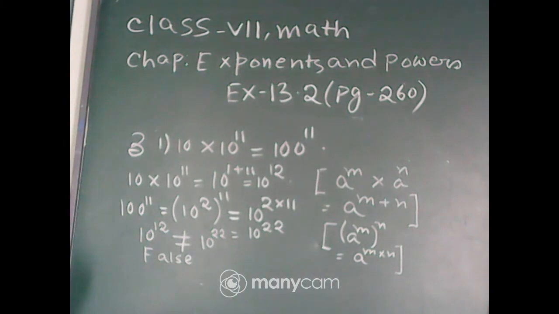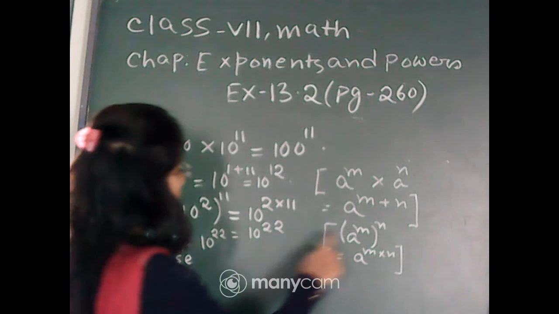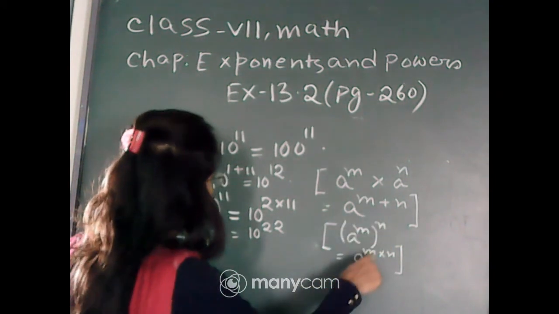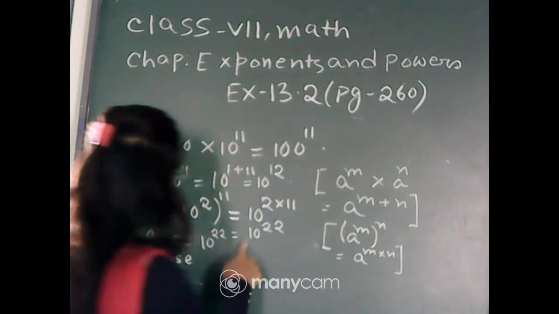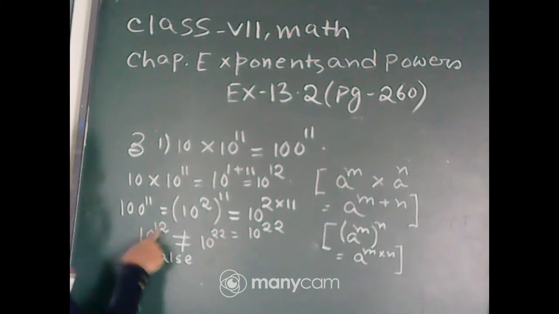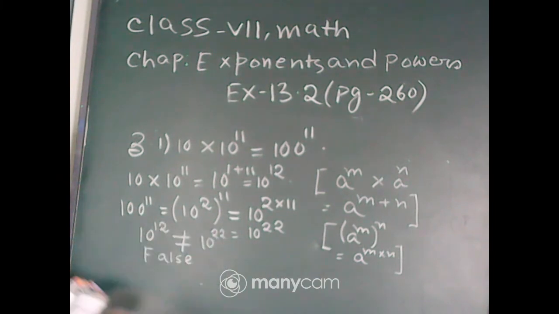Again 100 to the power 11 is equal to 10 square to the power 11. We can write 100 as 10 square and use the law a to the power m whole to the power n is equal to a to the power m into n. So, this is 10 to the power 22 and obviously 10 to the power 12 is not equal to 10 to the power 22. So, it is false.